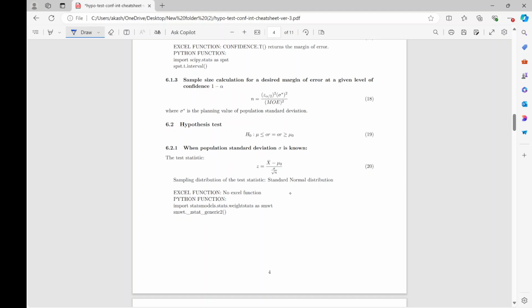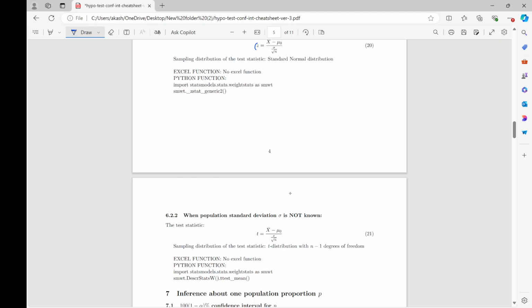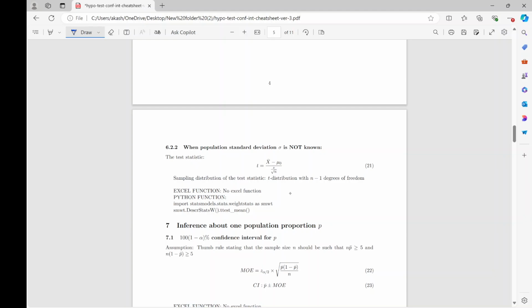Let's say your sample mean is 5 and you are testing the hypothesis that it should be greater than 6. So 6 is the mu 0 hypothesized value and 5 is what is happening in your sample. The difference is divided by sigma by root n, which I said previously. If it is a population, we will use z, and if it is a sample, we will use t. After that you can calculate the z value and t value.